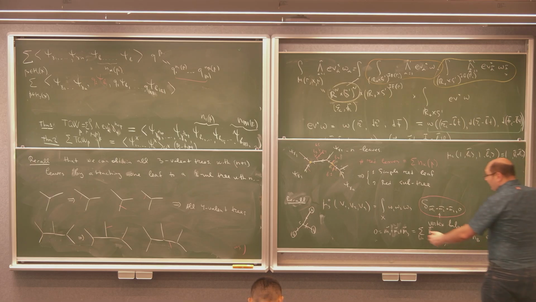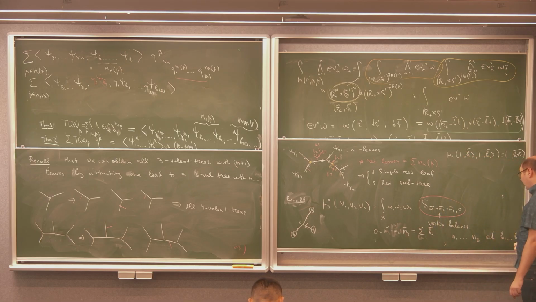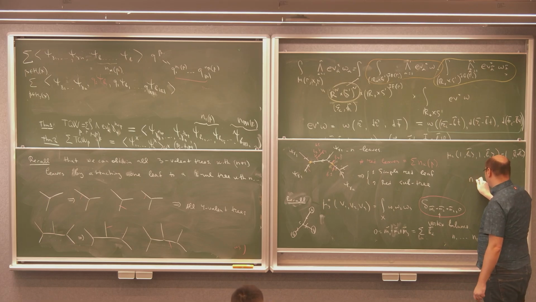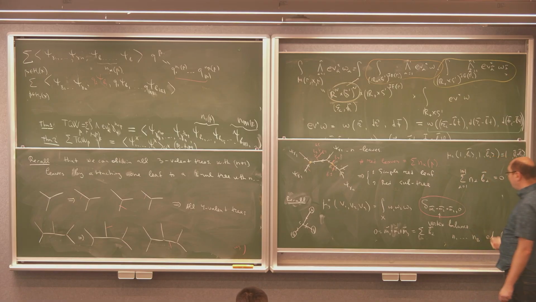And the only way to satisfy this condition is to have all these b vectors, n alpha b alpha summed over different vectors, equal to 0. And this condition is precisely the condition for a consistent tropical curve.